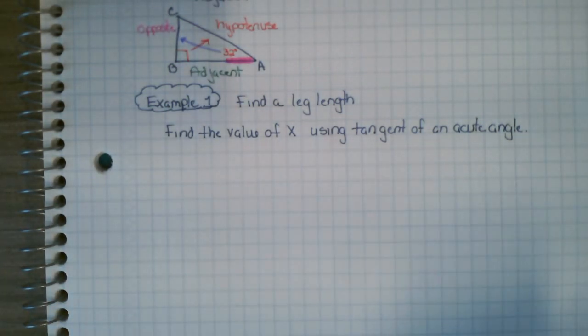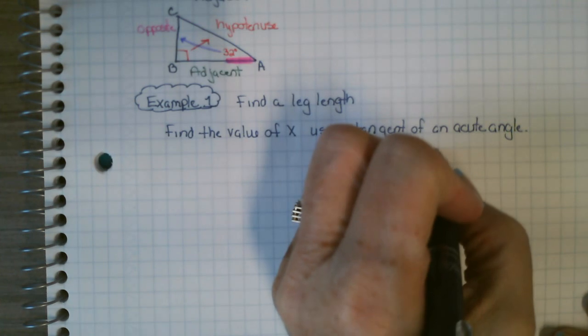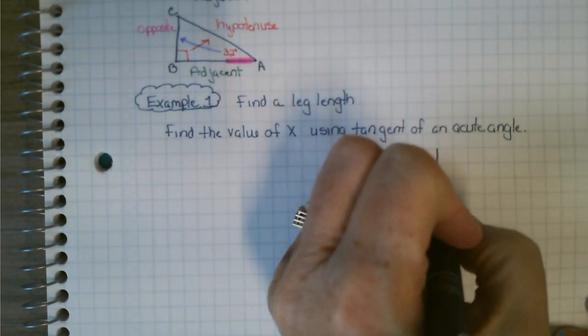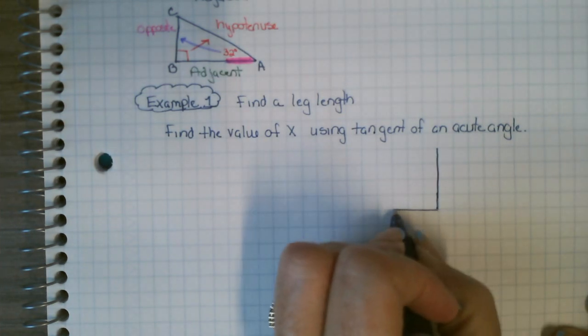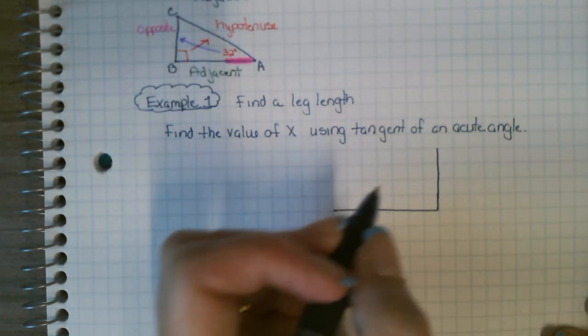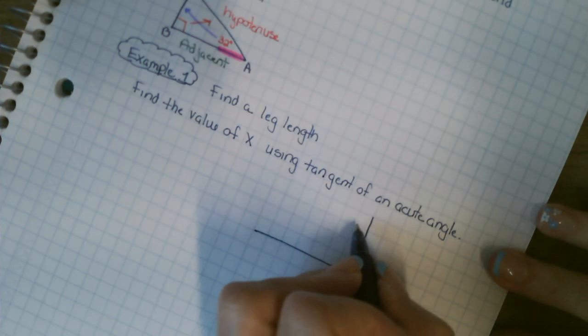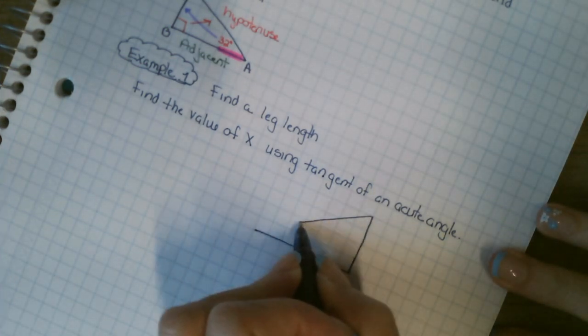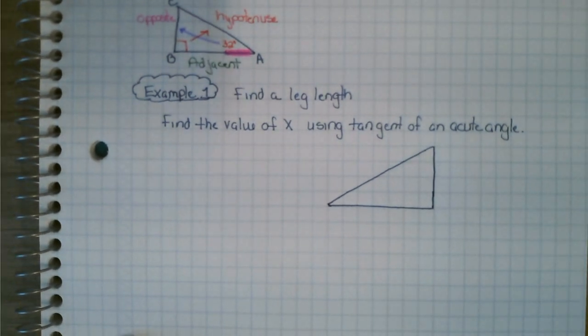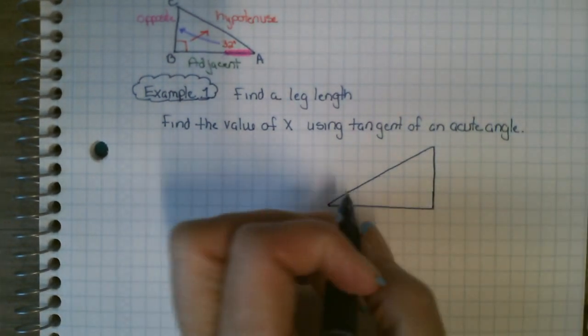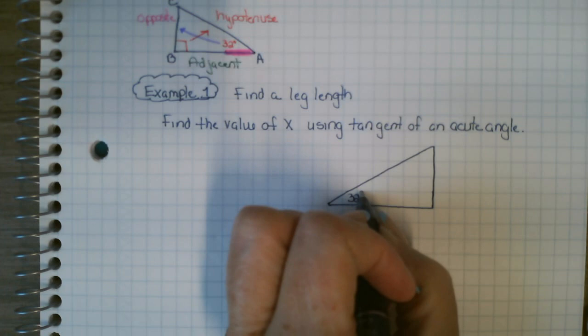All right, I'm going to draw out the triangle, and then I'm going to label it. I've got 32 degrees inside.